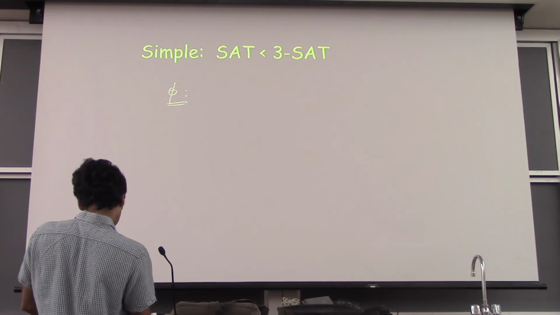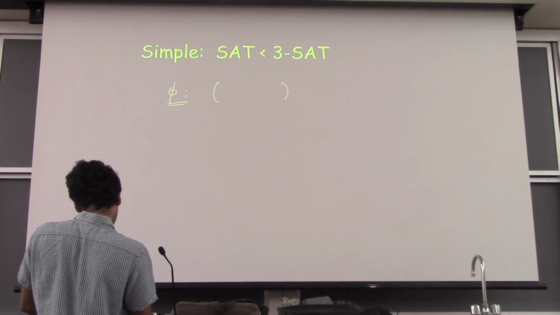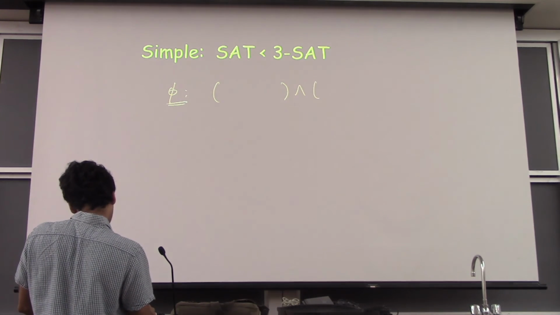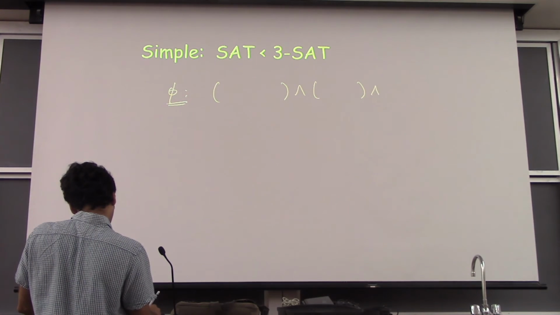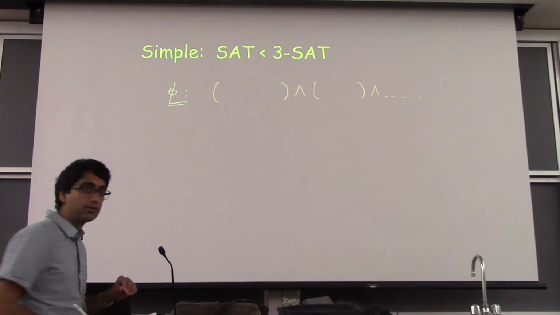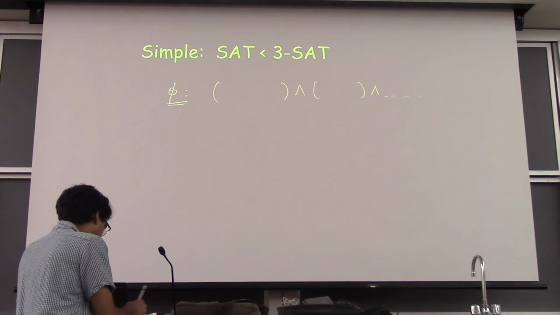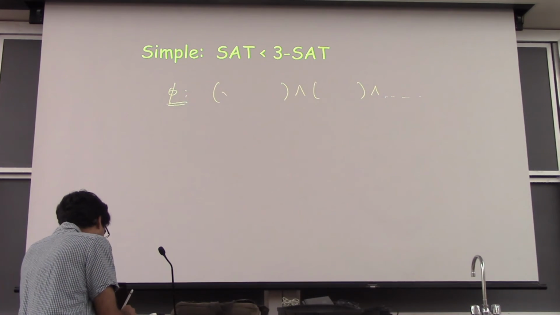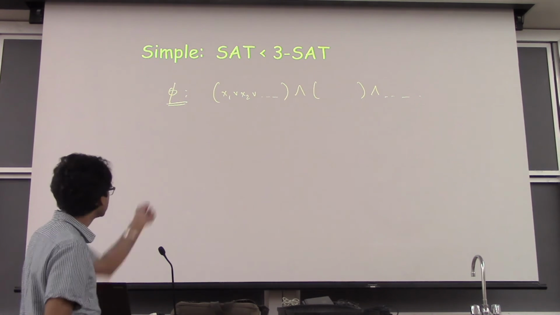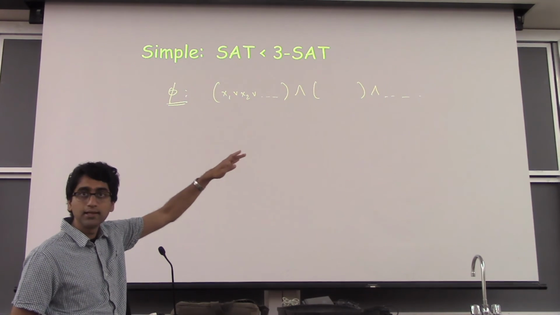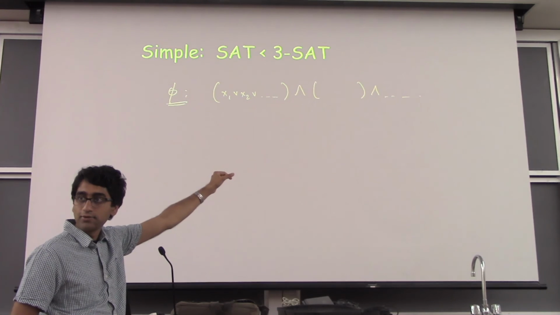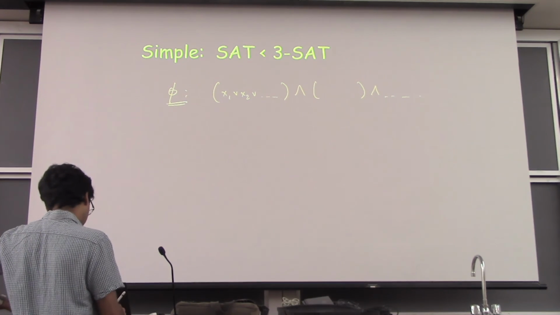It is a bunch of ORs connected by ANDs, each one like x1 or x2 or something, connected by ANDs. This is what is called a CNF formula.